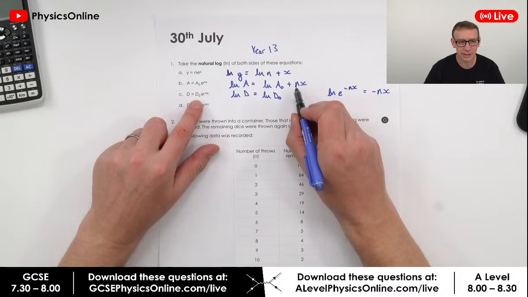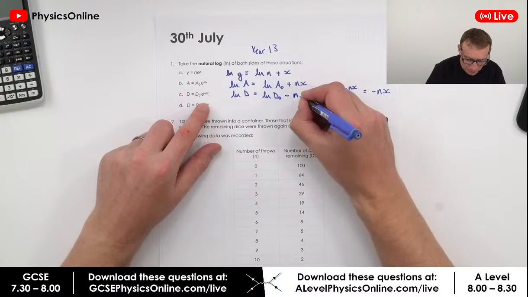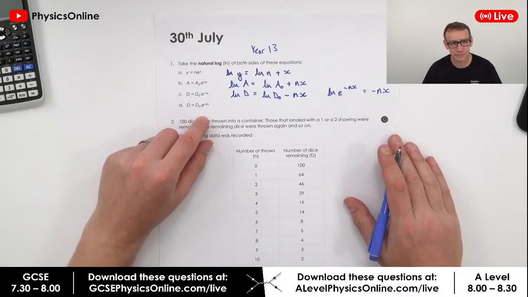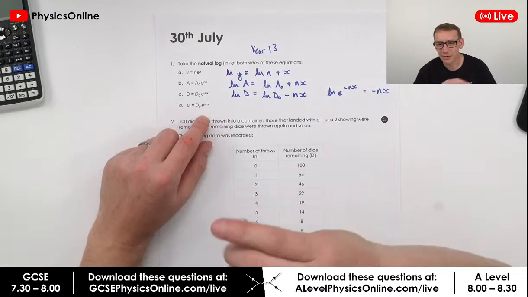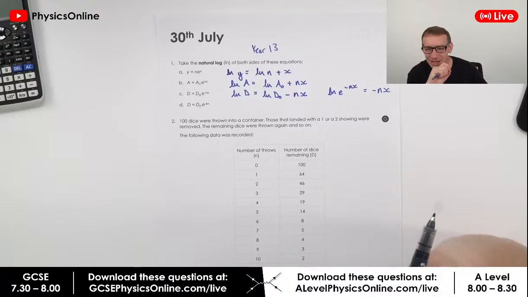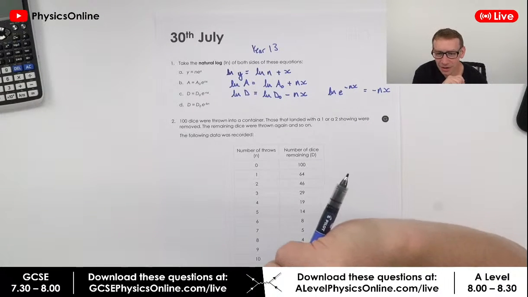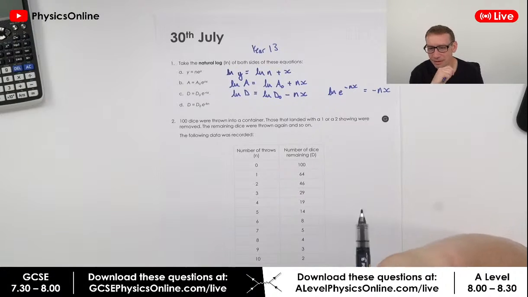So now rather than plus nx, it's minus nx. Okay, so who's got the right answer? ln d equals ln d naught minus nx. Light Arjun, Drav Anil, yep, perfectly.